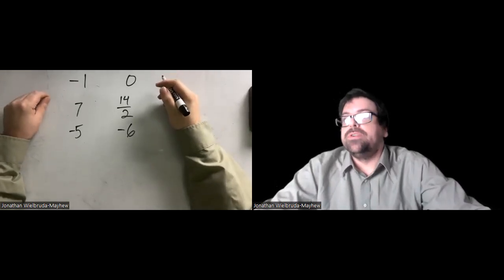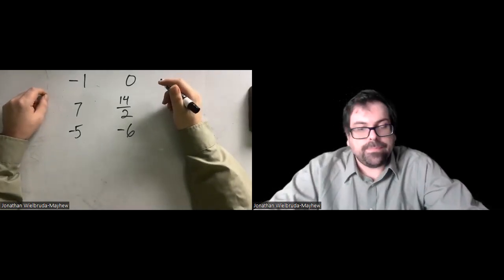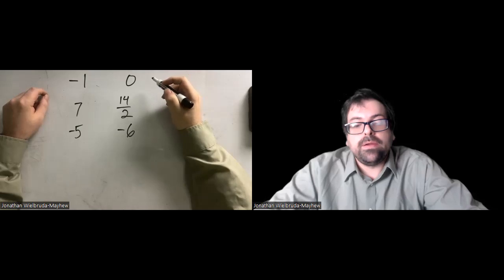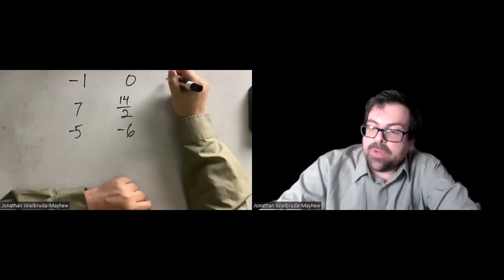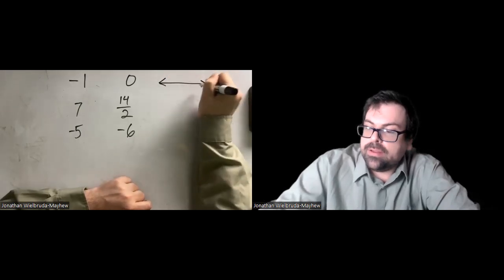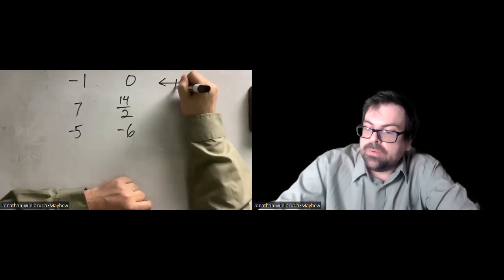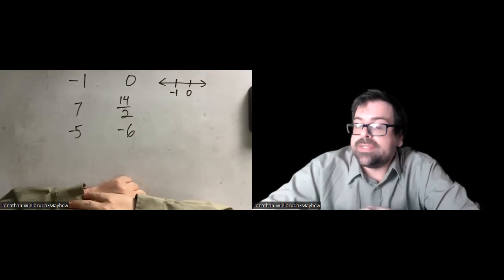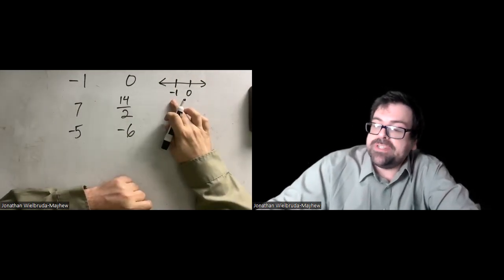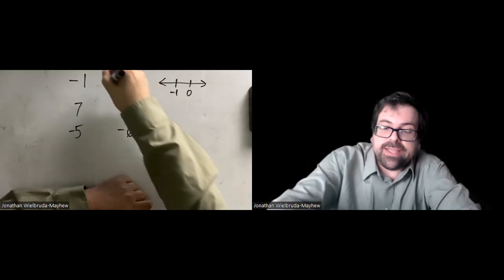Let's do these 3 first. Negative 1 and 0. Let's look at them on a number line. 0 would be over here. Negative 1 would be over here. Since negative 1 is to the left of 0, to the left is less than.